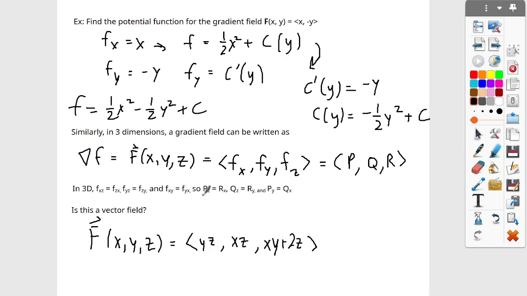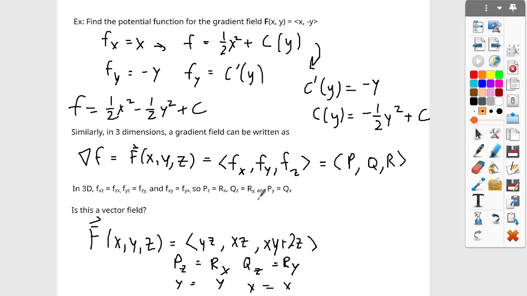Let's do this first condition. P sub z is equal to r sub x. So P sub z is what? P sub z is y, and then r sub x is what? R sub x is y. So yes, that meets. Now, what about q sub z is equal to r sub y? So q sub z is what? Q sub z is x, and r sub y is also x.